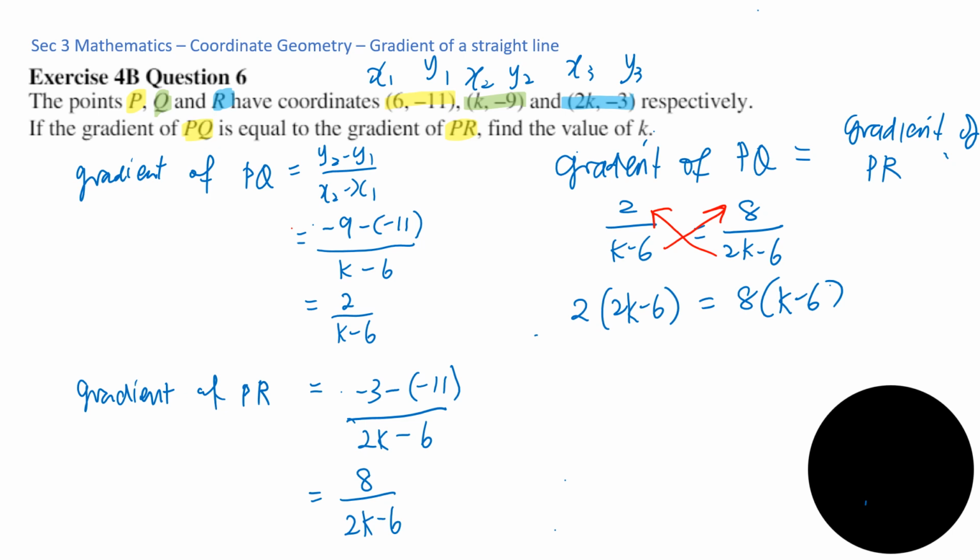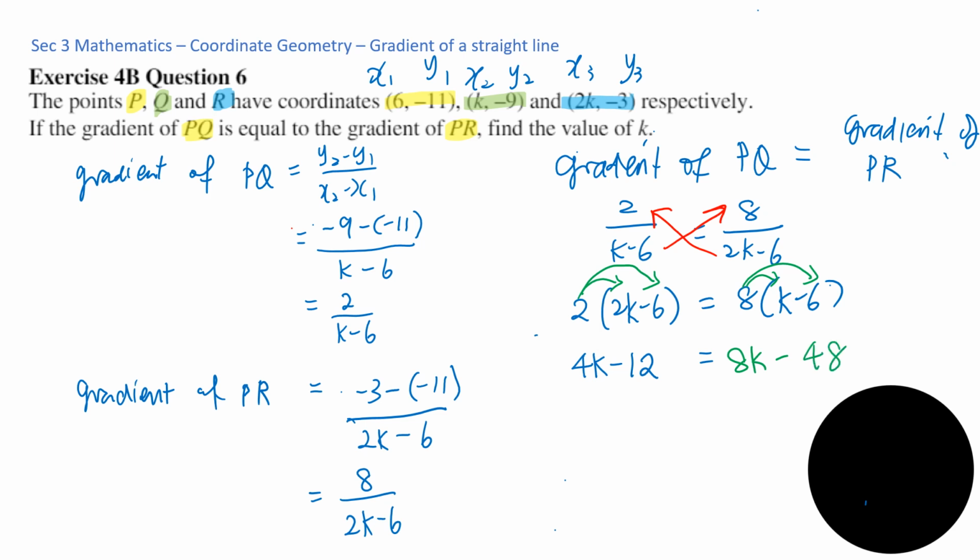Now you expand. 2 times 2k, 2 times negative 6. So you will get 4k minus 12. Similarly, 8k minus, so 8 times k, 8 times 6, 48.